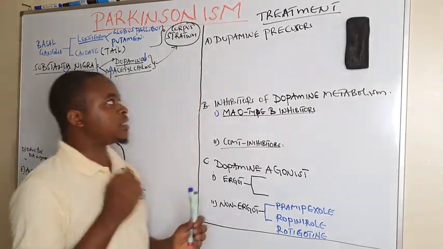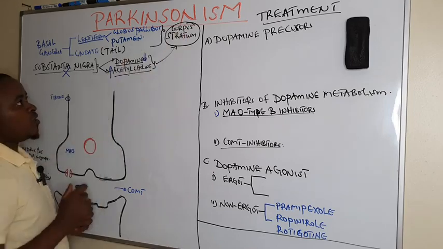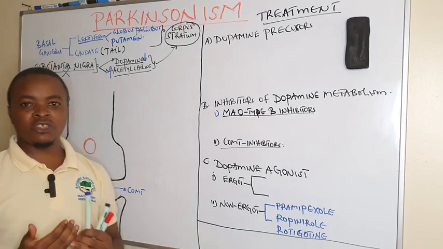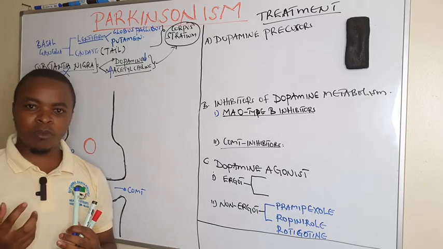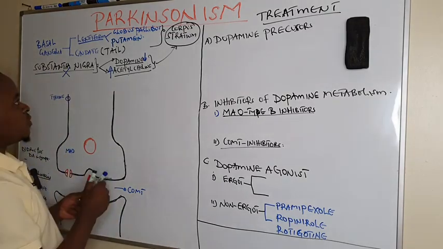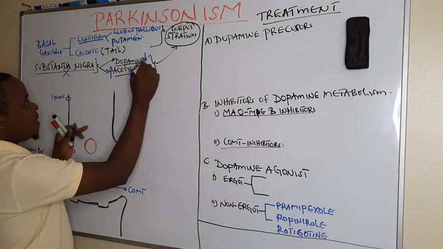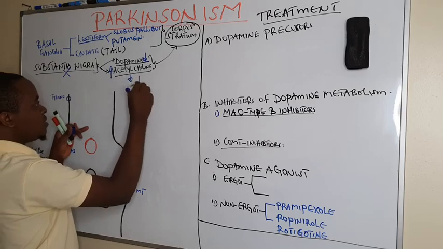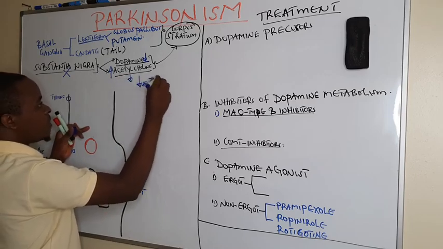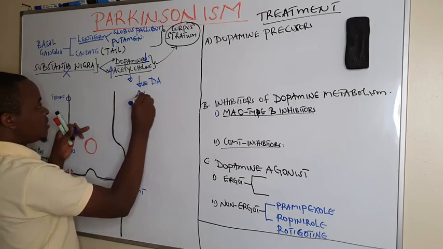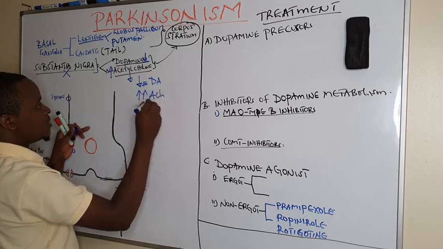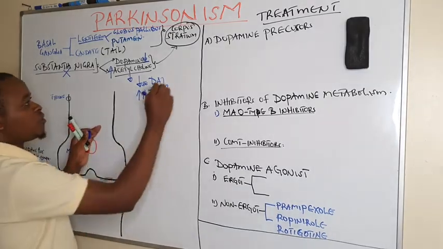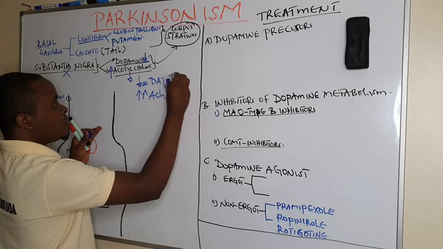And this will result in failure to control the corpus striatum, which serves different peripheral tissues of the body, like the eye, the skeletal muscles, and the GIT. So the end result of this imbalance, that is low levels or decrease in dopamine together with increase in acetylcholine, is going to result in signs and symptoms like tremors. It's going to cause tremors.